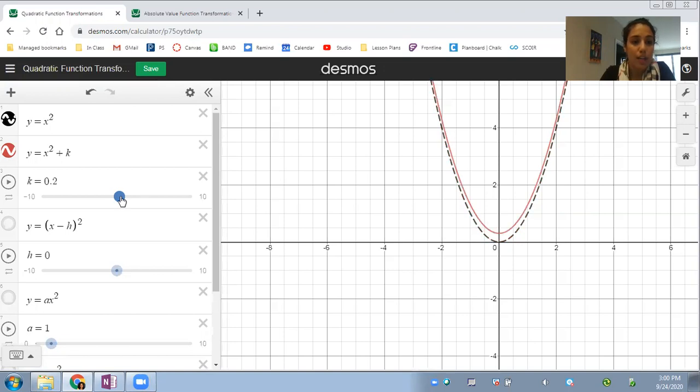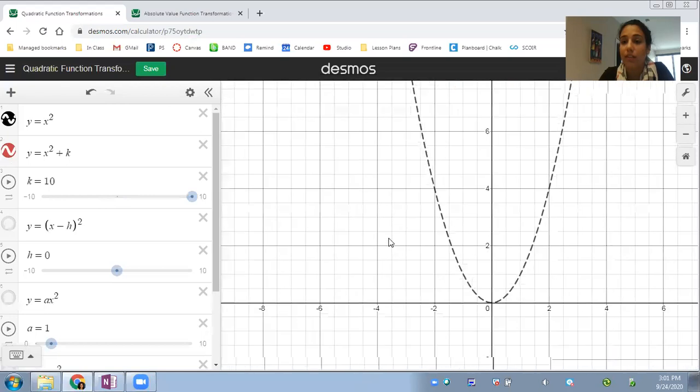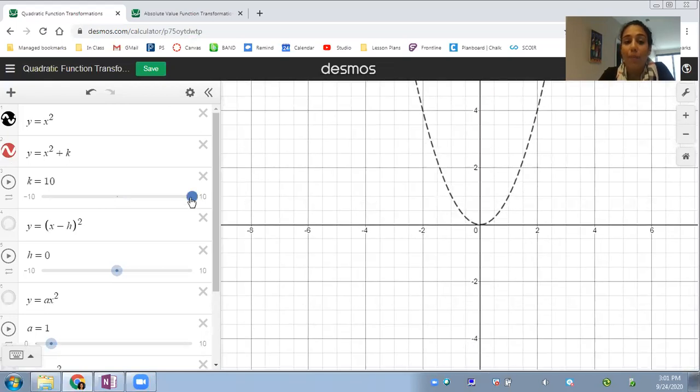So let's say we move this up to 1, right? Well, what happened to the function? We have x squared plus 1. What happened? It went up 1, right? And as this number gets bigger, the function gets higher and higher to the point where we can't see it, but it's up there. So what happens as we add a number to the end of it?